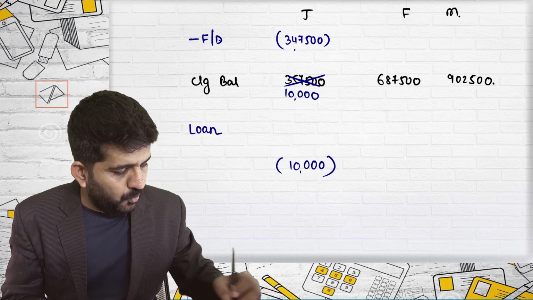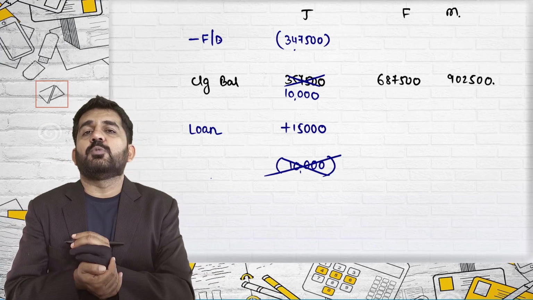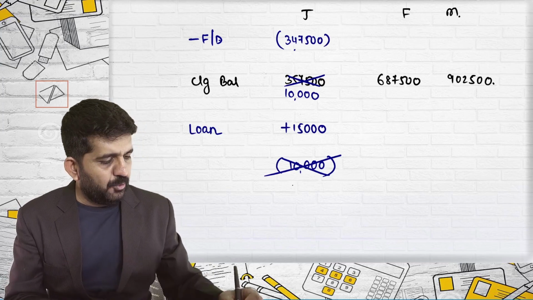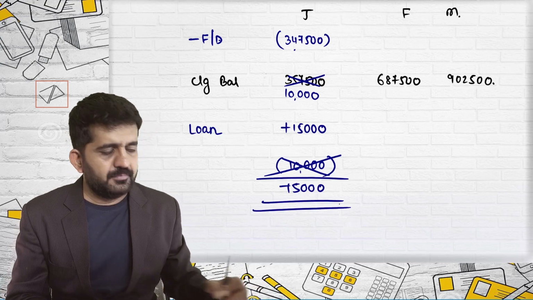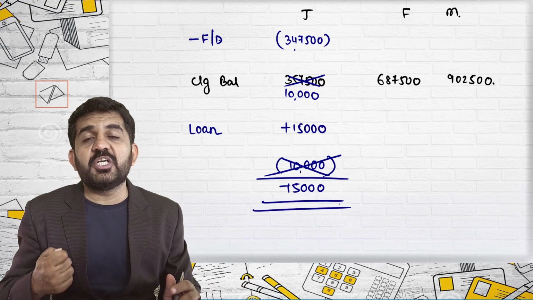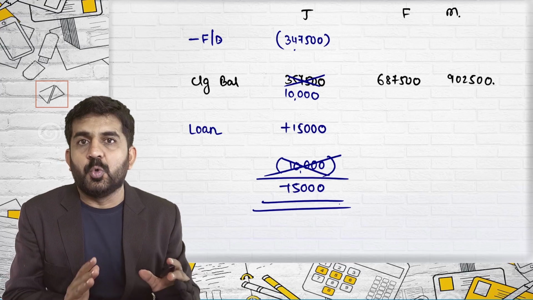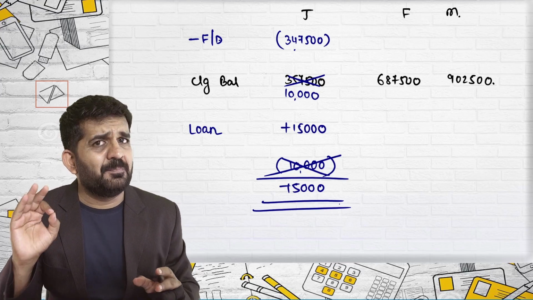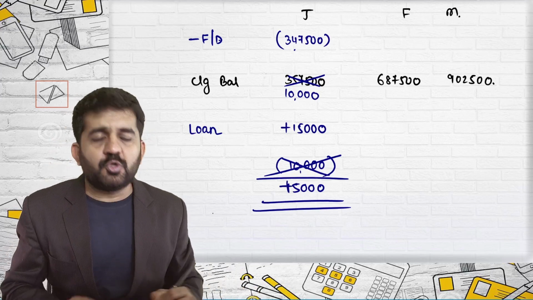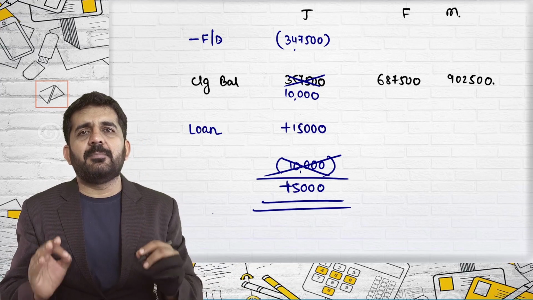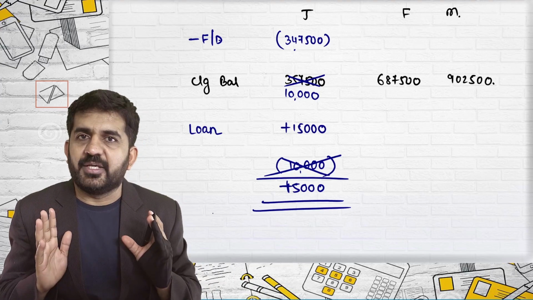Now a loan is a cash inflow of 15,000, and your cash balance will not remain negative 10,000, it will become positive 5,000. Whenever the question has a negative cash balance, the sum should clarify what to do. If it is not clarified, a simple answer is you can take a loan of that amount. Why have I taken 5,000 rupees more loan? Just because it is written in the question that my minimum cash balance should be 5,000.